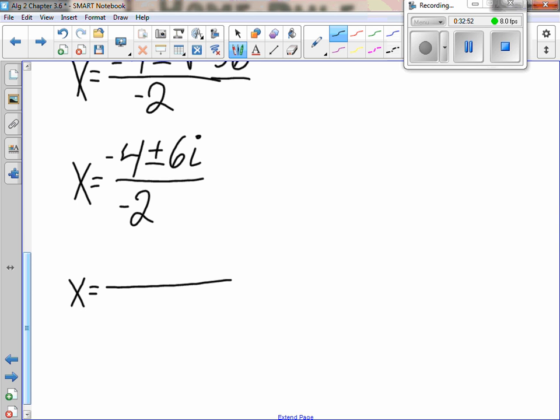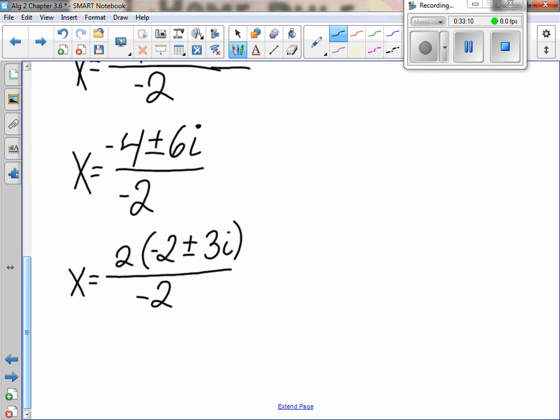Is there a greatest common factor? 2, yes? So if I factor it out, I'm left with negative 2 plus or minus what? 3i over negative 2. Any questions on how we did this here? Any questions on any of this here?